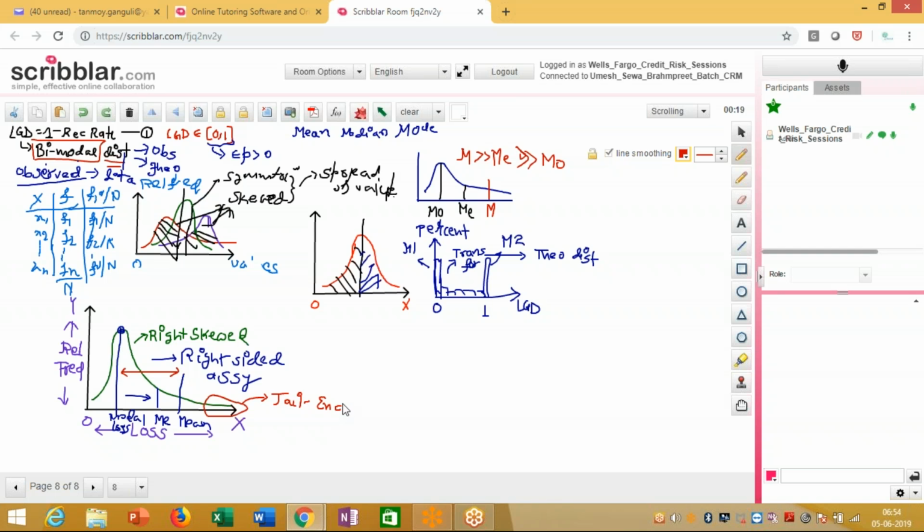Now, these tail end losses are very huge in terms of their exposures, but they have a very low probability of occurring.